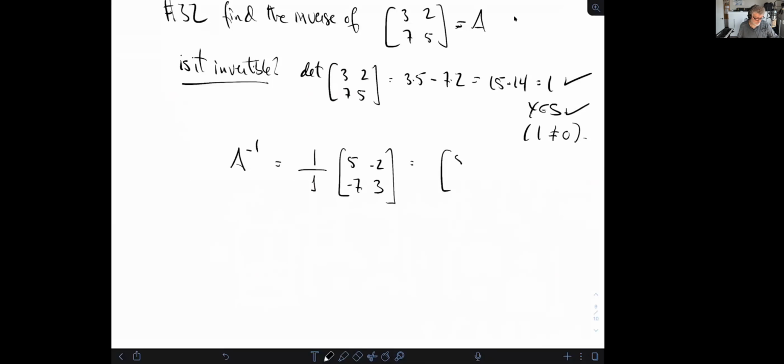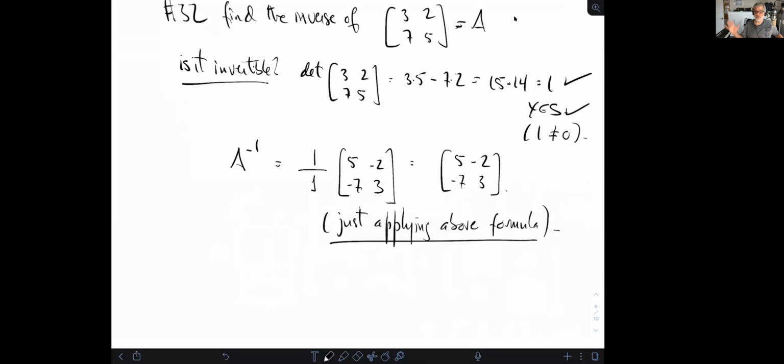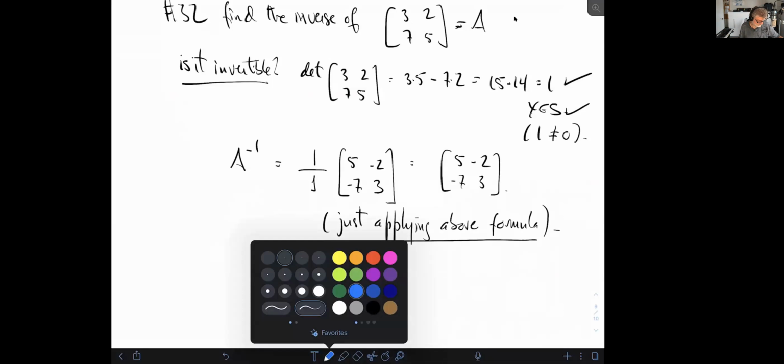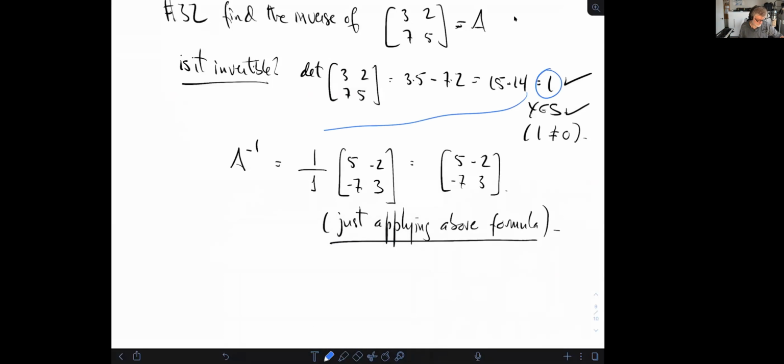I'm just applying the formula, that's all I'm doing. 5 minus 2 minus 7, 3. So I compute the determinant because in any case, I'll need it for my formula.